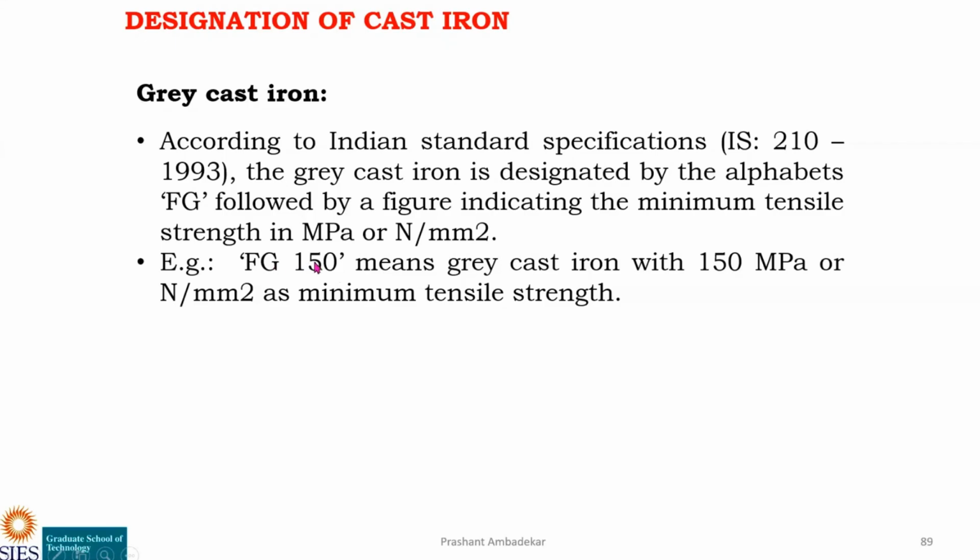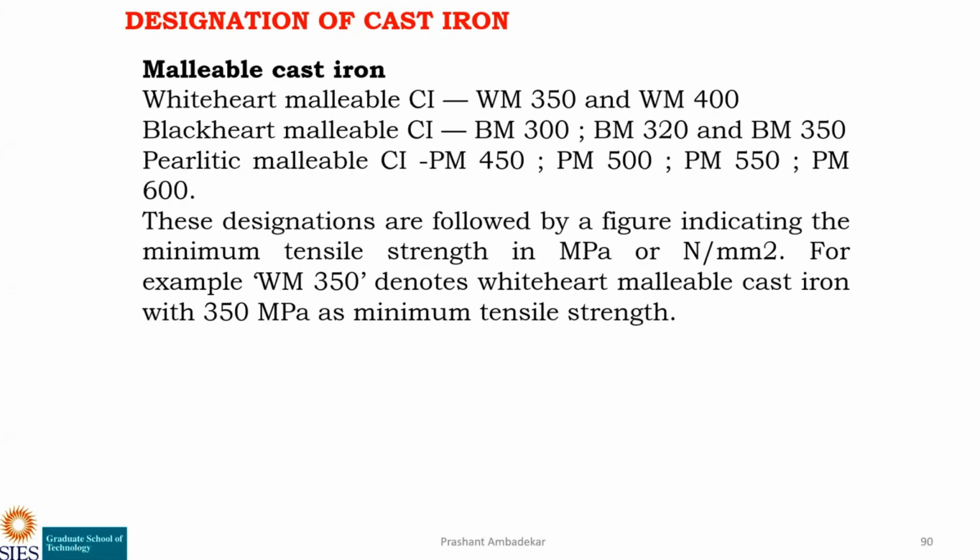So FG 150 means it is a gray cast iron which has an ultimate tensile strength of 150 Newton per mm square or 150 megapascal. Newton per mm square is the same as megapascal. Again we are talking here about tensile strength. Minimum tensile strength means the same as ultimate tensile strength.